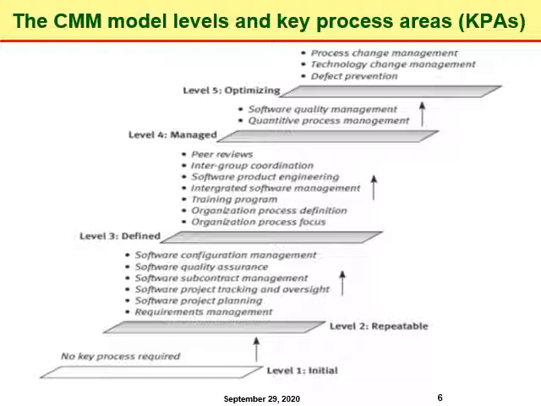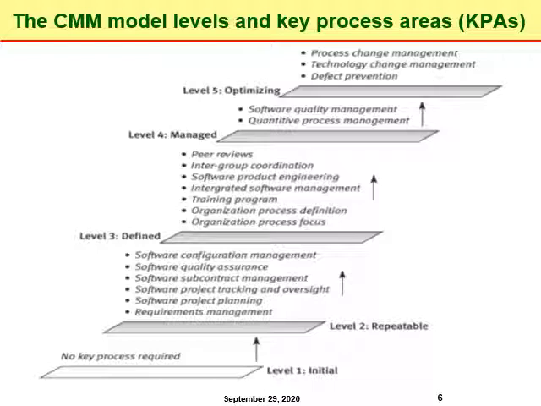These requirements imposed by each level are called key process areas, or KPAs. As we can see here, the key process areas related to the repeatable level, which is level 2, include requirements management, software project planning, software project tracking and oversight, software subcontract management, software quality assurance, software configuration management.